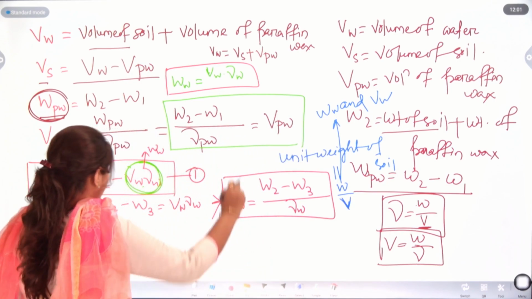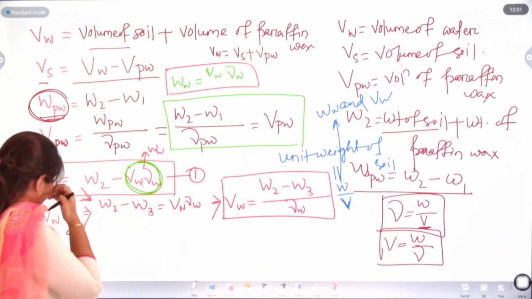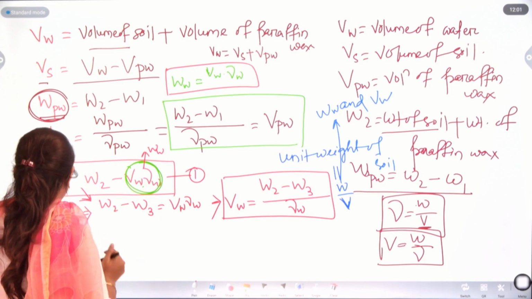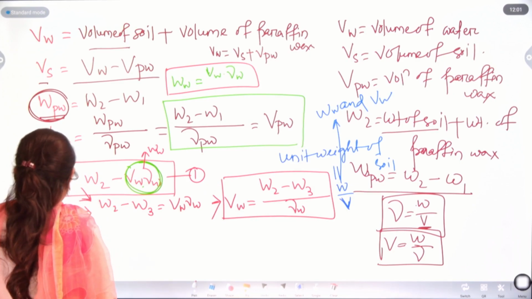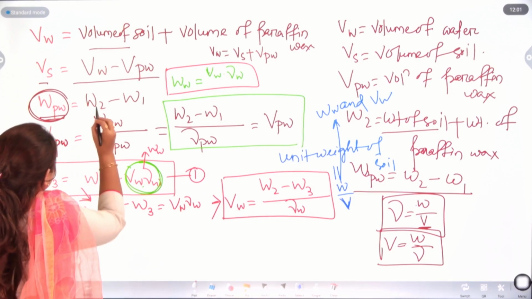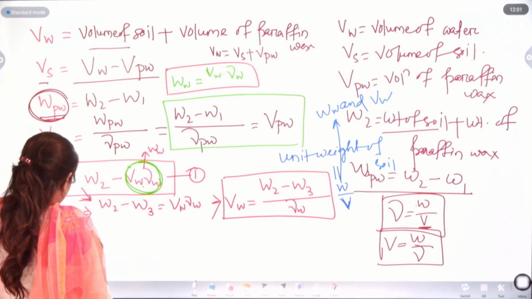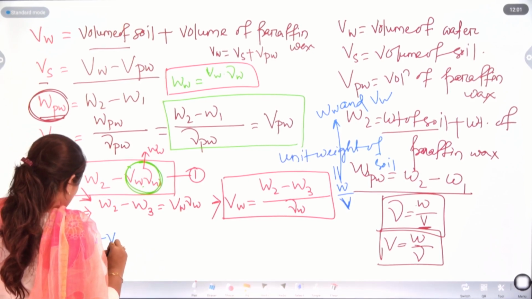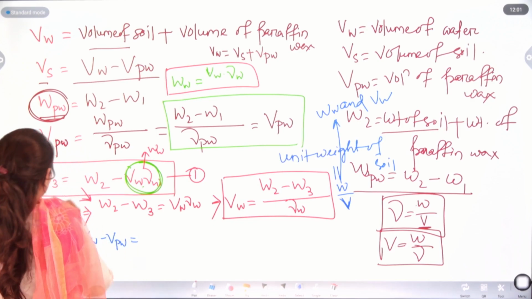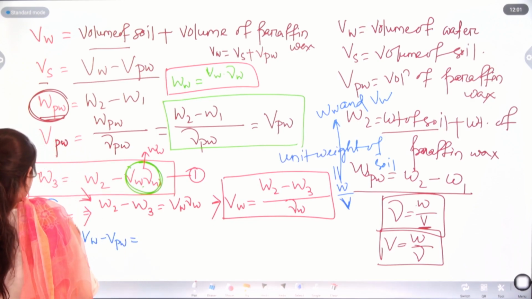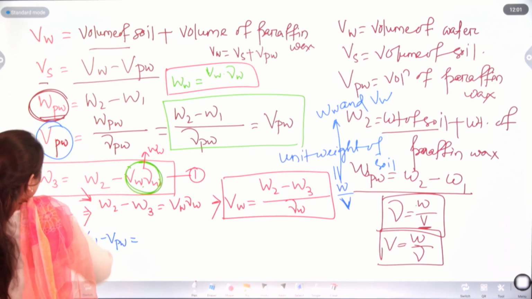So, now we will put that here. Here, Vs will be what? Vw minus Vpw. And we have both these terms, Vw here and Vpw here.